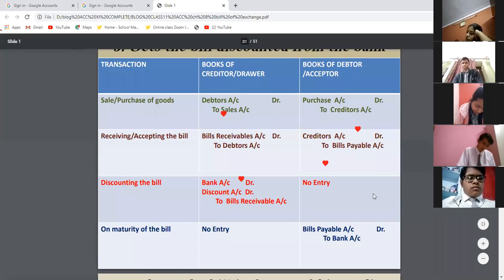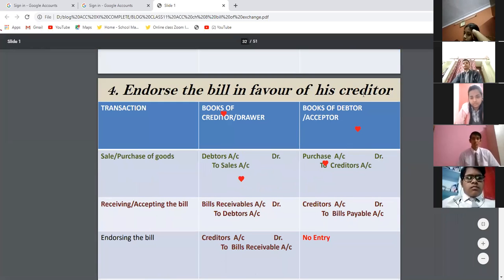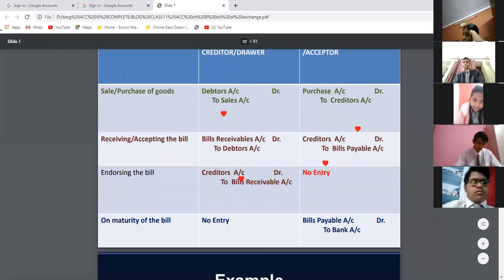On maturity he will make the payment, but the drawer will not pass any entry because he has already taken the amount by discounting it. Now the last, endorsement. The drawer has the power to transfer it to a third party, known as a creditor. Creditors to bills receivable, he will not pass any other entry, and then on maturity the drawee will make the payment.